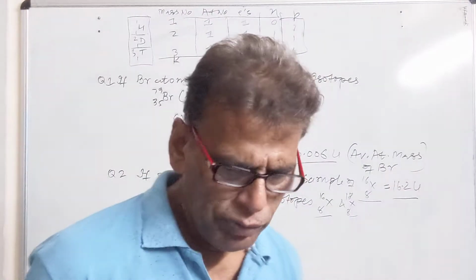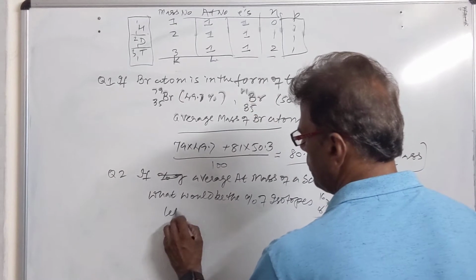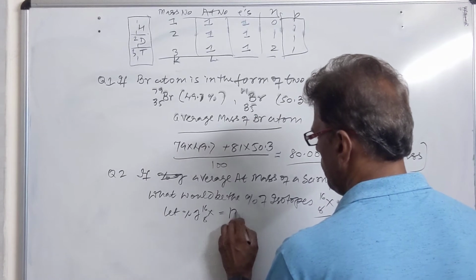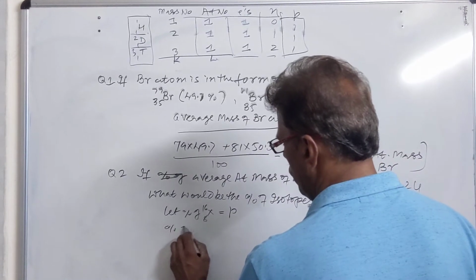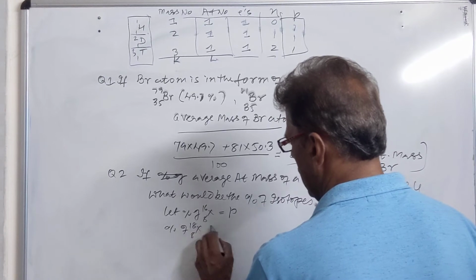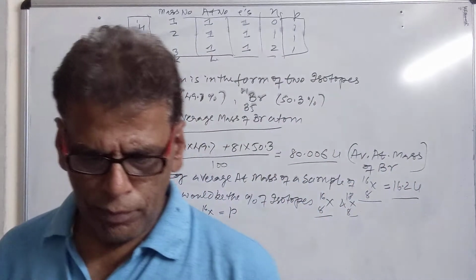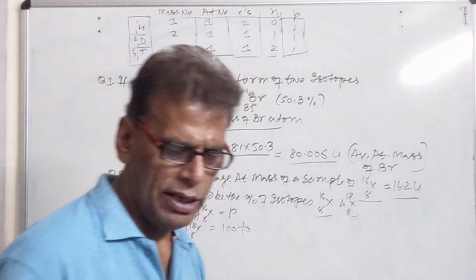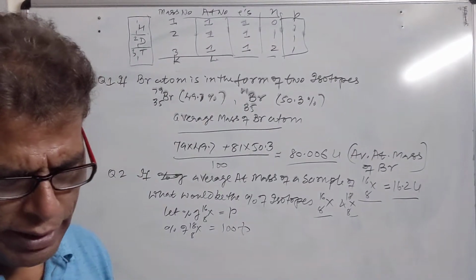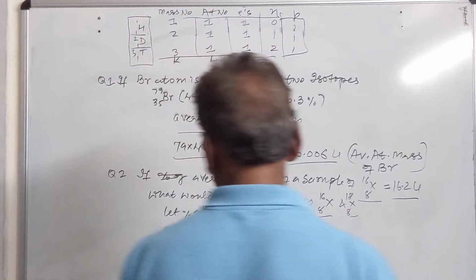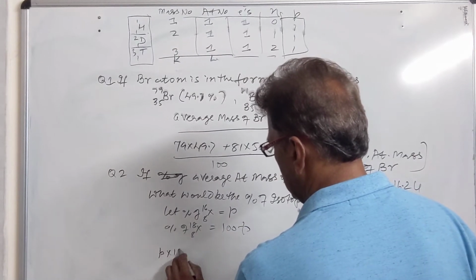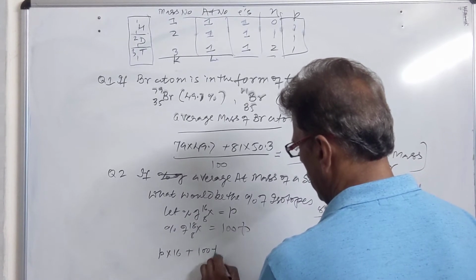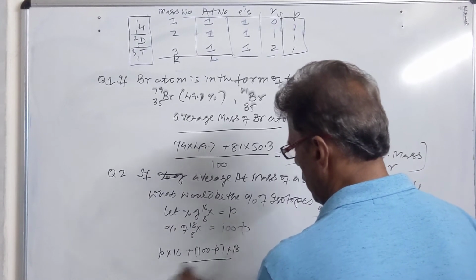Let the percentage of X 8 16 be P. Then the percentage of X 8 18 will be 100 minus P. Total percentage is 100. Now we can calculate the average relative mass by multiplying this P into 16 plus 100 minus P multiplied by 18, upon 100.